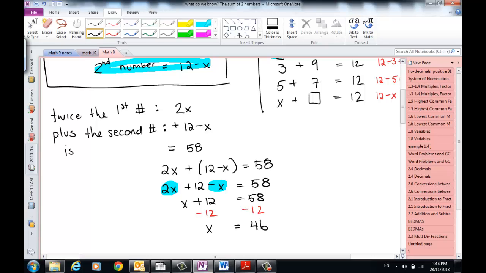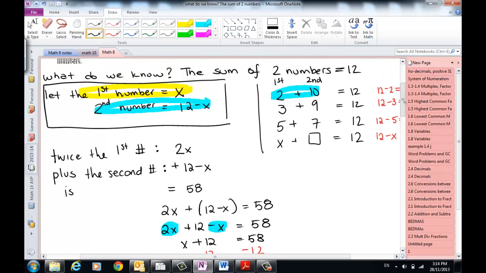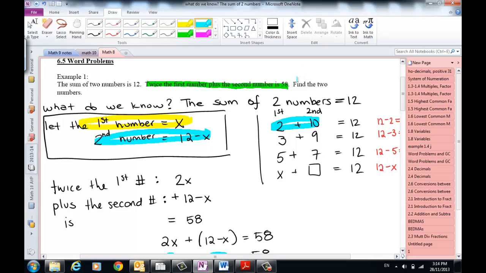Now, I've solved this, but this isn't my answer. So I have to go back up to the question and make sure I'm answering it. The two numbers. So I know that the first number we just solved for is 46. Now the second number is 12 minus 46. So we're doing 12 take away 46, which is equal to negative 34.